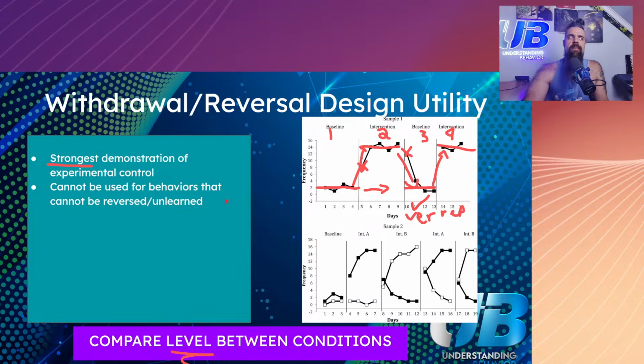So if we have a behavior that cannot be reversed or unlearned, what would be something that we would not be able to see? Good. Yeah, a lot of people are on the right track here.